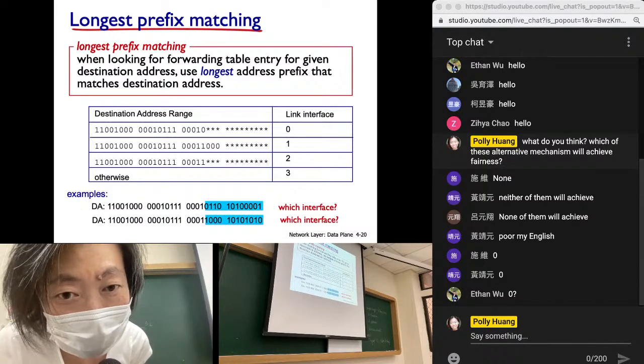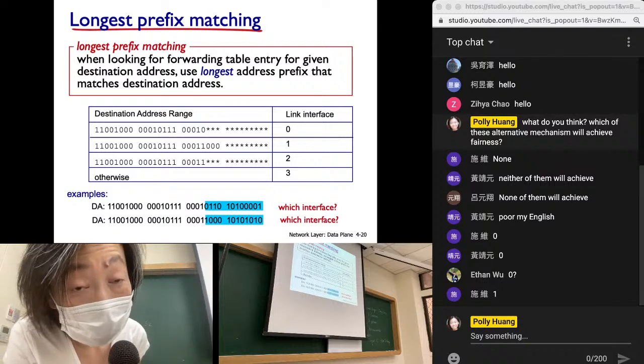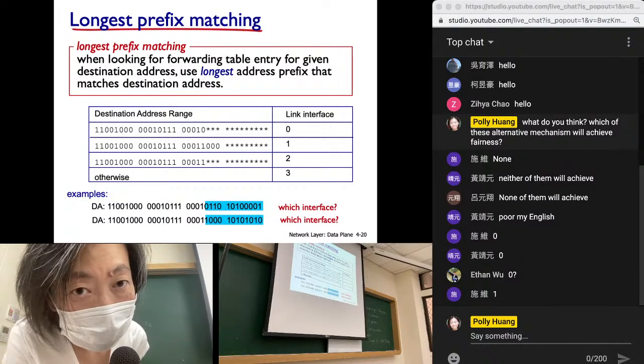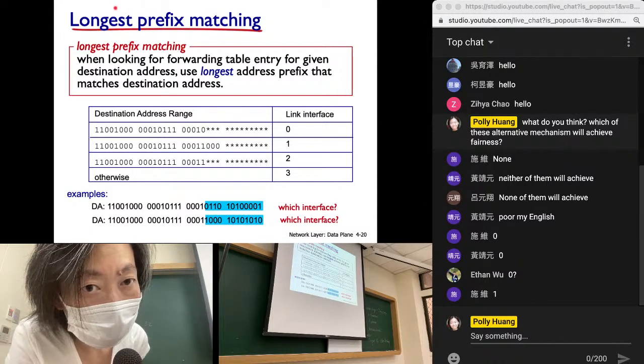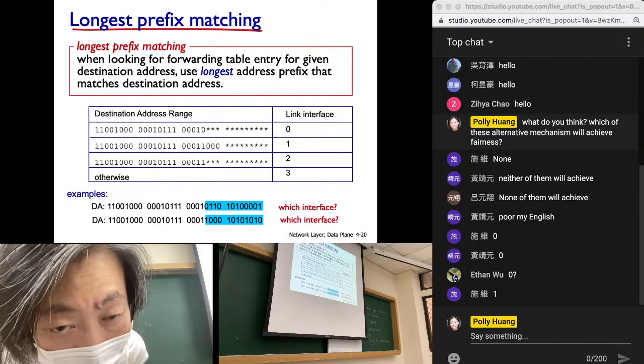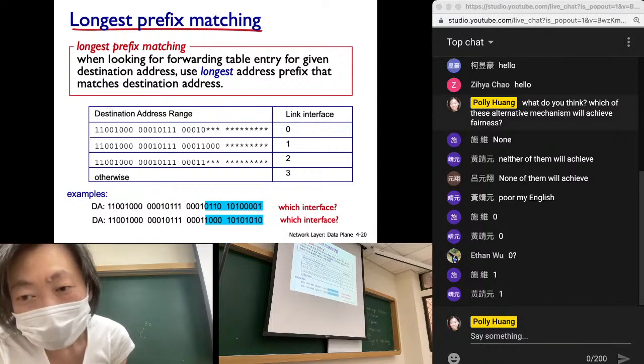In this case, which interface do we choose? Well, the router's forwarding function is doing this. It's not just prefix matching, it's also longest prefix matching. Which one is longer? Number 2, right? So the interface should be 1.